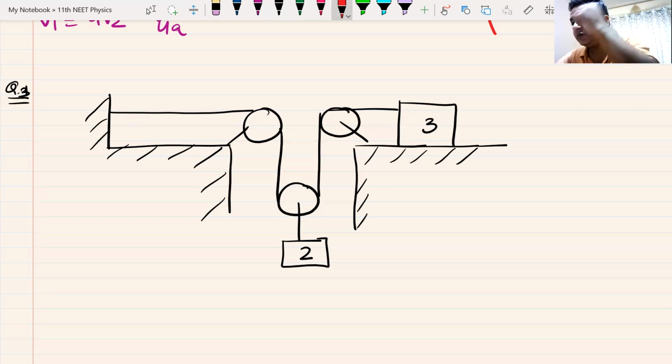In which direction will it move? Rightwards. What do you mean by rightwards? Say it in terms of up or down. What will happen to the 2 kg block? Will it move upwards or downwards?